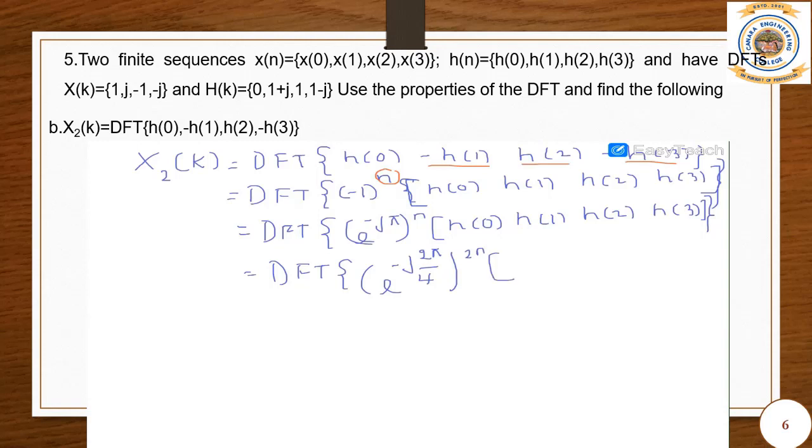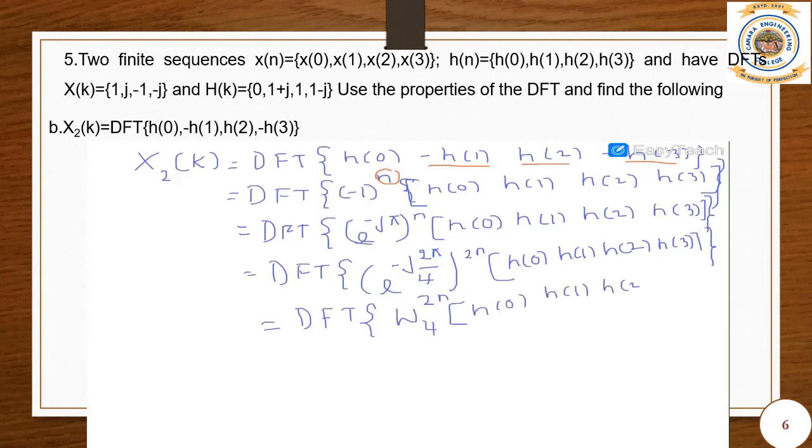So this is h of 0, h of 1, h of 2, h of 3. Now, this is equal to DFT of W4 to the power 2n, h of 0, h of 1, h of 2, h of 3.